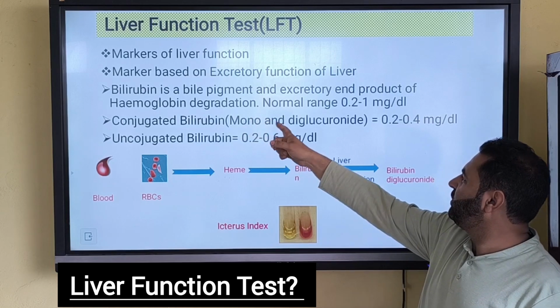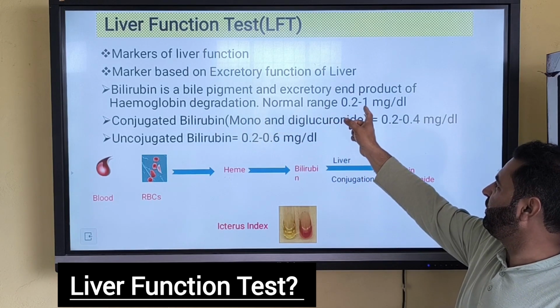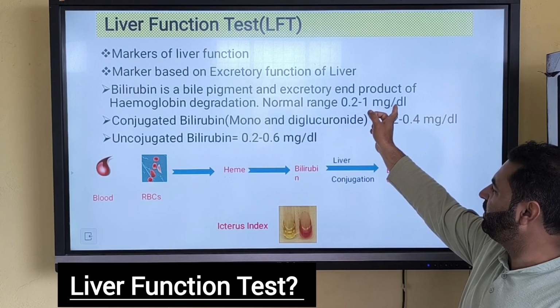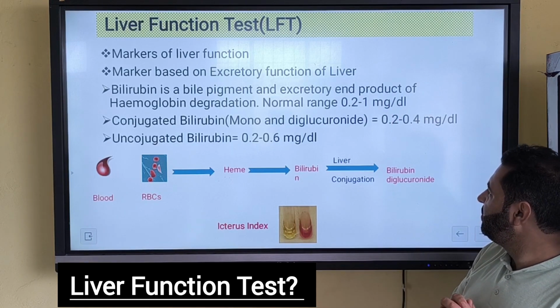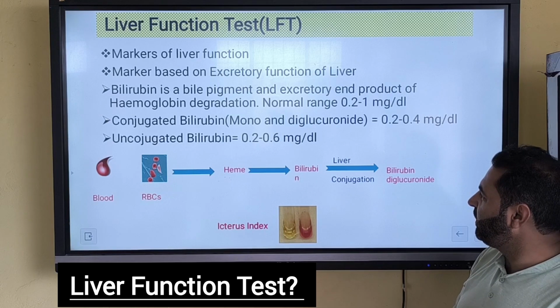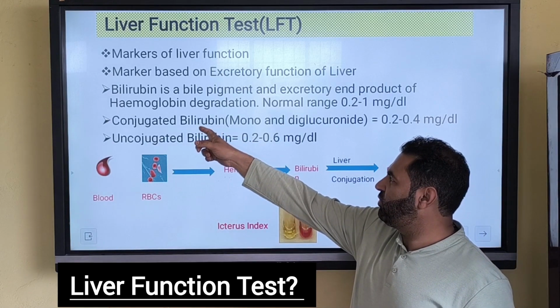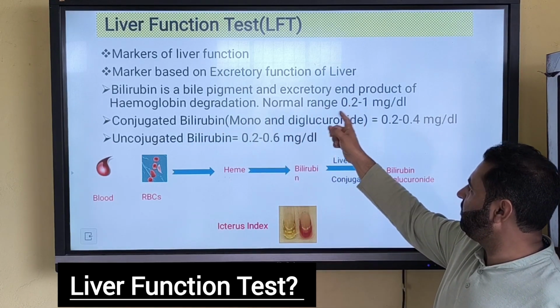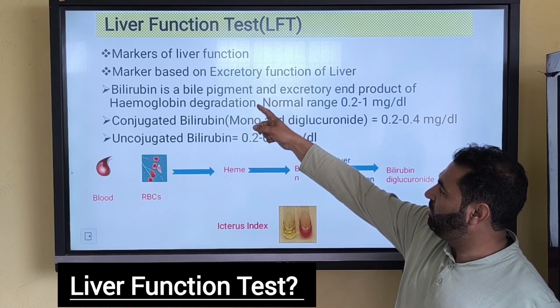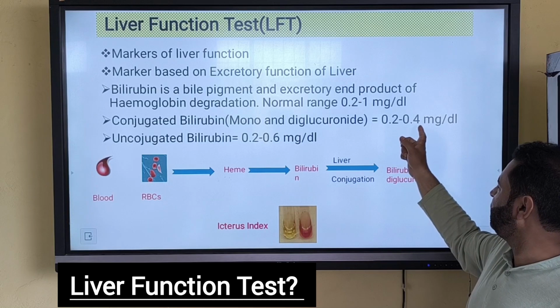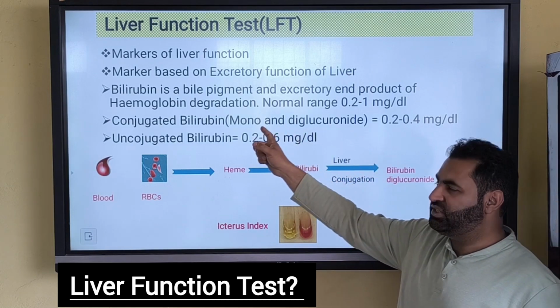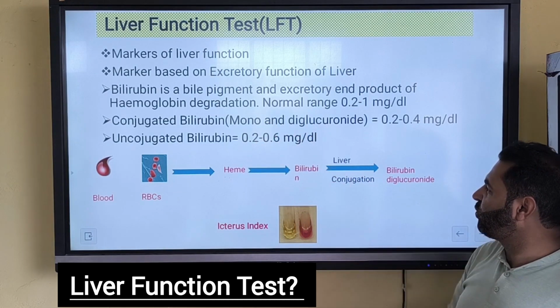its excretory product will be bilirubin. There is a normal range of bilirubin, 0.2 to 1 milligram per deciliter. Among this 1 milligram of bilirubin, conjugated bilirubin will be 0.2 to 0.4 milligram per deciliter. This is mono and diglucuronide.